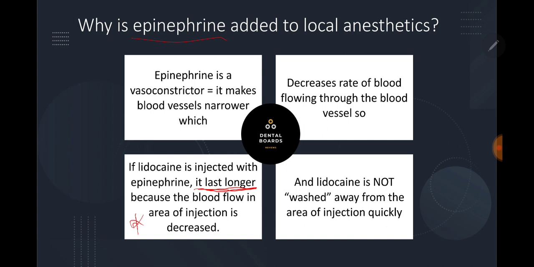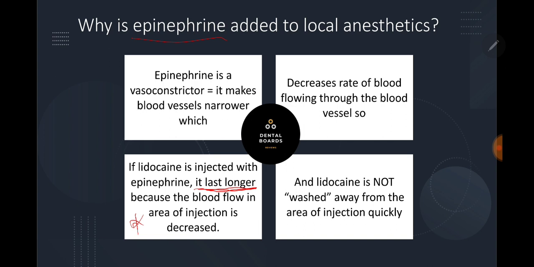Because if the patient is in pain, they are going to produce endogenous epinephrine, because we produce epinephrine when you're stressed, right? These are stress hormones. So you want to decrease the endogenous production of epinephrine when the patient is stressed, because that's the one which is going to increase the heart rate more. But the one we inject is local, and it's going to go into the bloodstream very slowly if you add epinephrine.